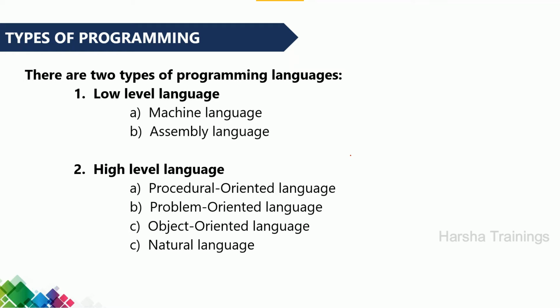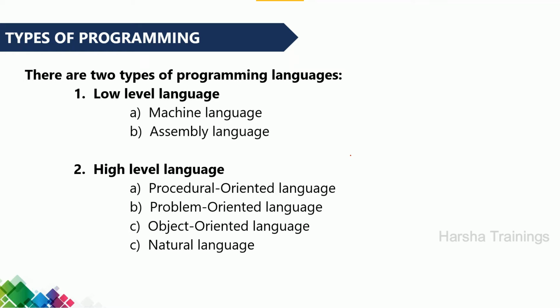In the similar sense, users write programs in high level language, in natural language, also called high level language. By using a translator, we convert it into low level language. The point is, a translator is used for converting high level into low level.